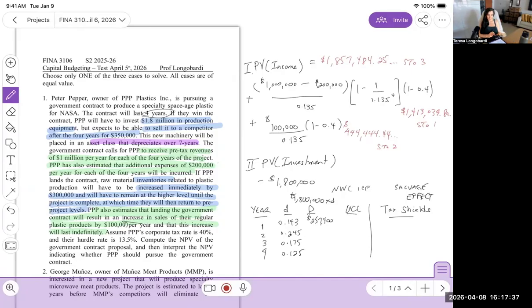And then again, 1,800,000 times 0.245 is equal to 441,000.